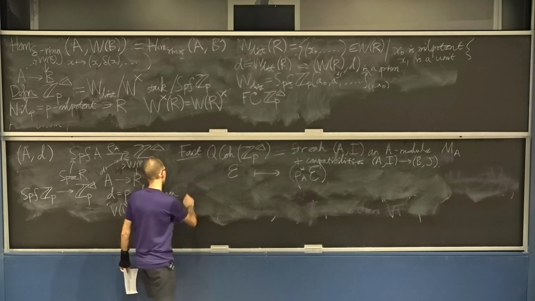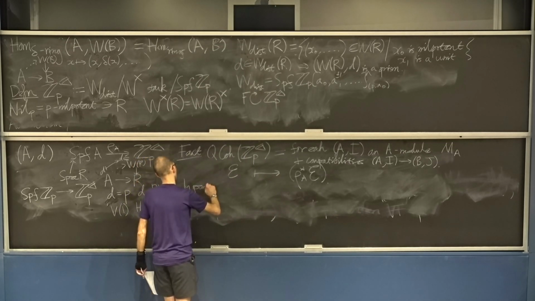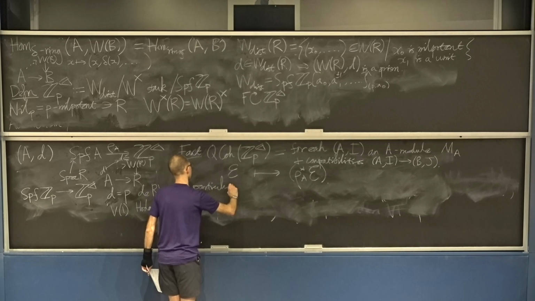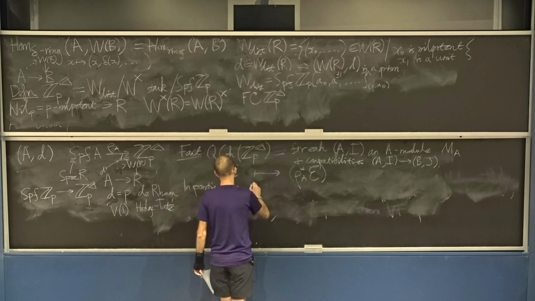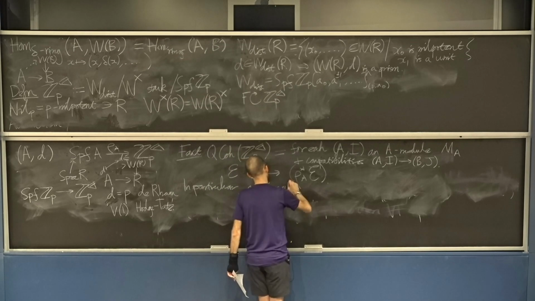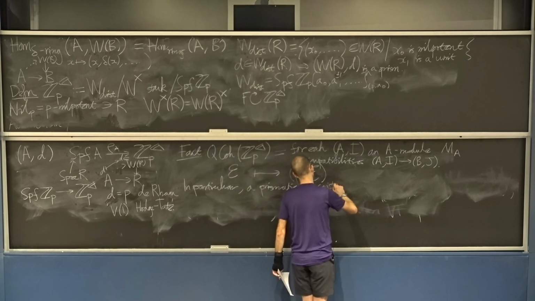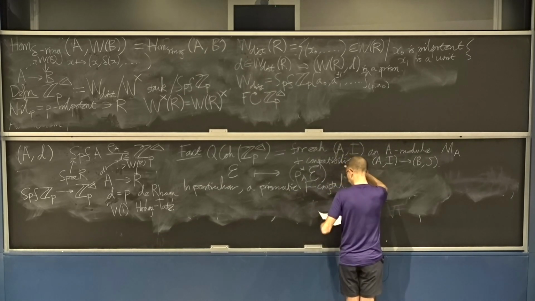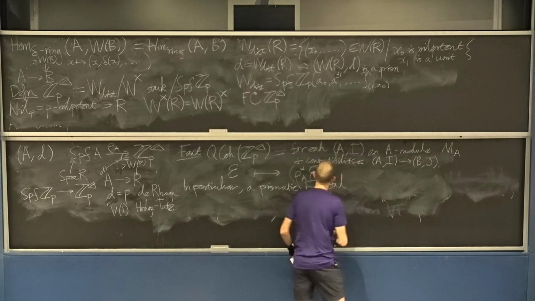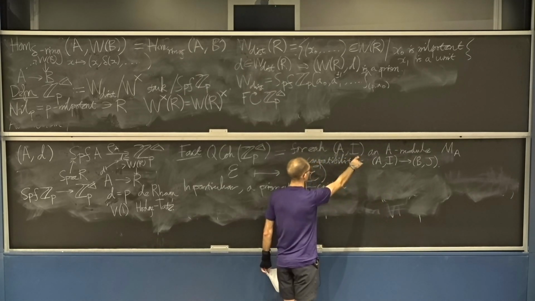And so in particular, going perhaps down to something more traditional, a prismatic F-crystal, as in the theorem I stated earlier, determines some kind of F-crystal over every prism.